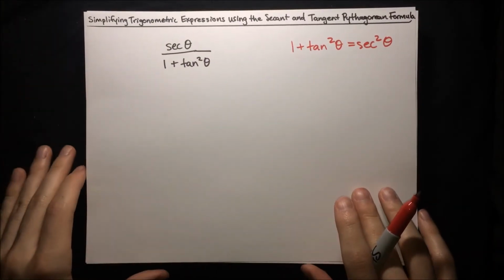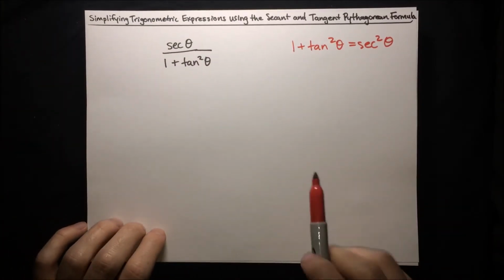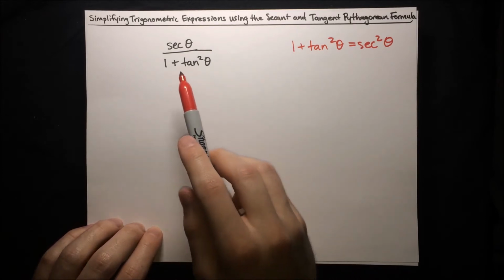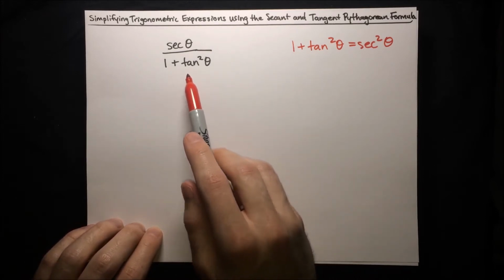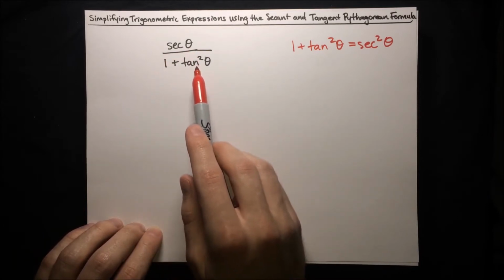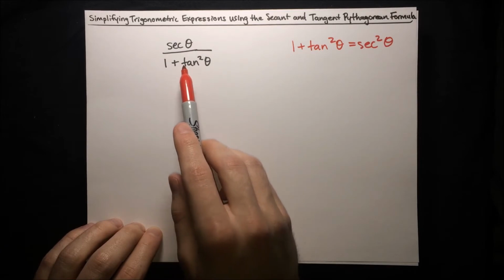Here's a first example, and this is a pretty simple example, but don't worry, it'll get harder as we do more examples. We've got secant theta divided by 1 plus tangent theta, and we want to simplify this expression.